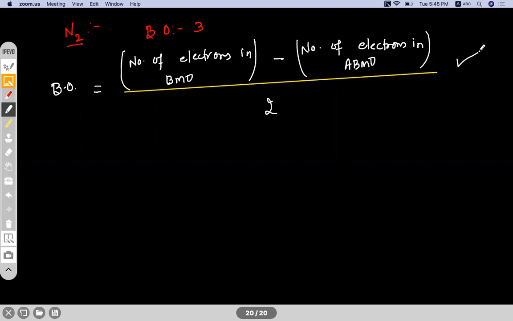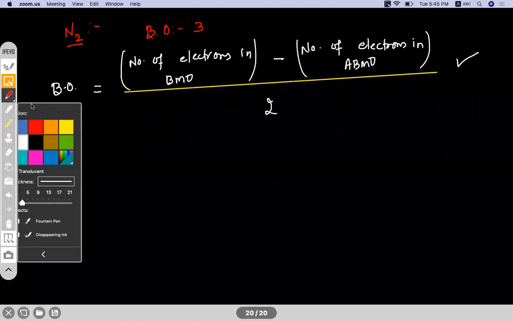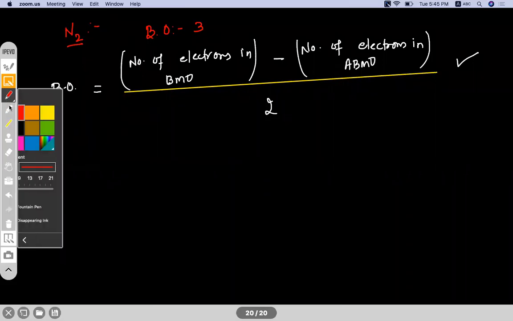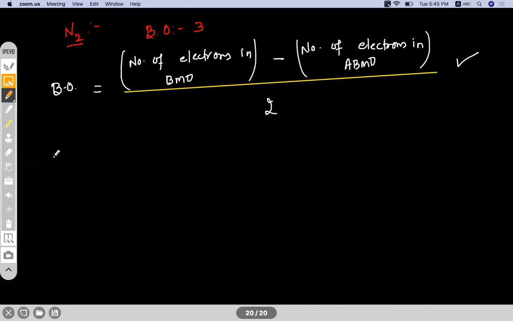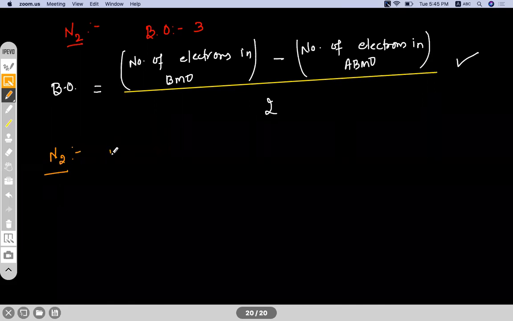This is the formula we have for bond order according to molecular orbital theory. Now I want you to use this formula and find out the bond order of N2, the nitrogen molecule. How many electrons does nitrogen have? The number of electrons for nitrogen?